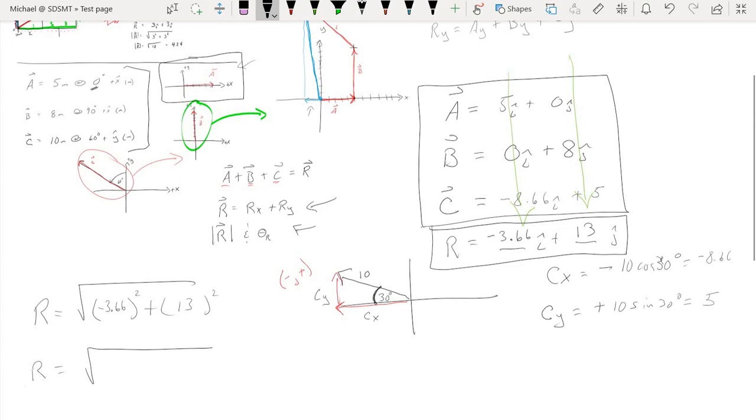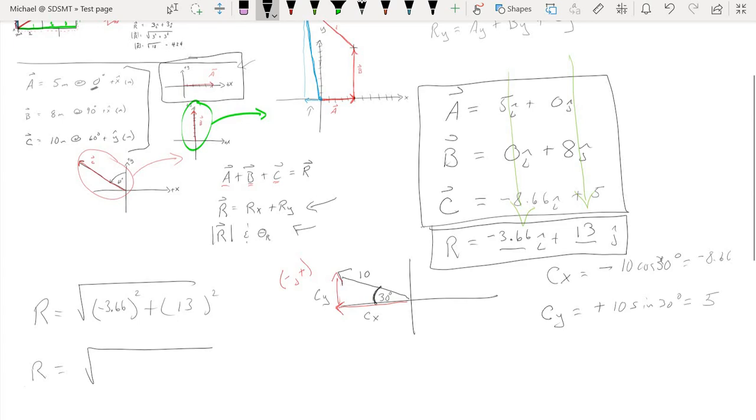And with physics, we're talking about real-world problems and real-world situations. We don't have the luxury of an imaginary solution. So if you do find that you're taking the root of a negative number, stop, go back, check your work, because something somewhere went wrong.